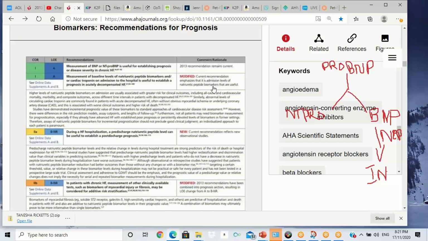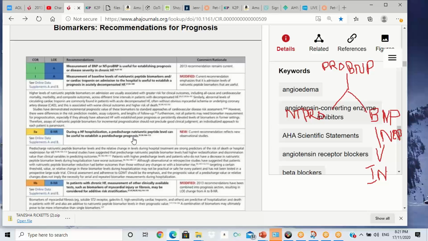So you get a BNP level in acute heart failure when the patient comes in. Again, during a heart failure hospitalization, before they're discharged, a pre-discharge BNP level can be useful to establish a post-discharge prognosis.